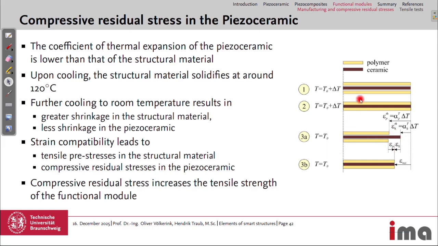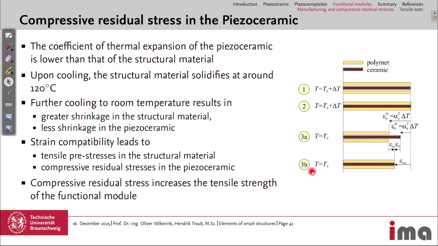But since they are connected after curing of the epoxy, or after it solidifies, they cannot have a different strain or elongation because there's strain compatibility, and therefore you have a tensile pre-stress in the structural material and a compressive residual stress in the piezoceramic material.